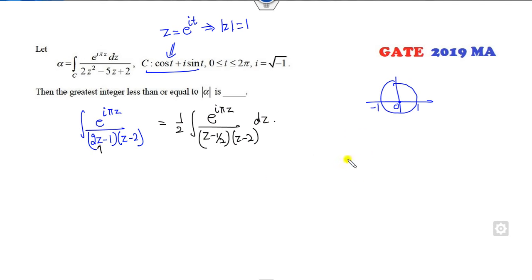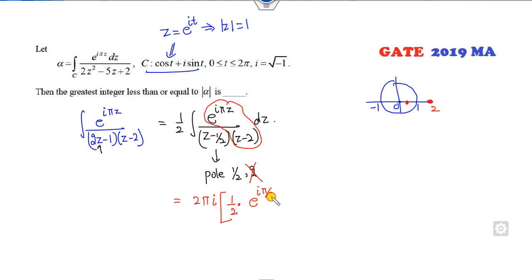Fine. Now we can find the poles. The poles are half and 2. But you can see that 2 lies outside, so it is not counted. Half lies inside. So what is the right answer? 2 pi iota times 1 over 2. Half is a pole, so I can substitute the value of half here.